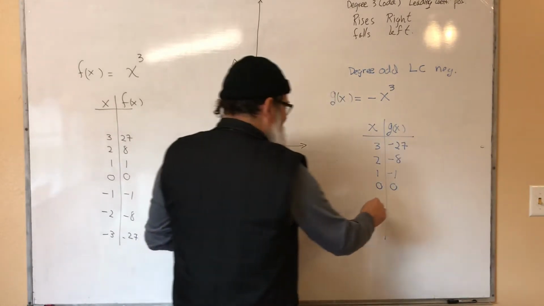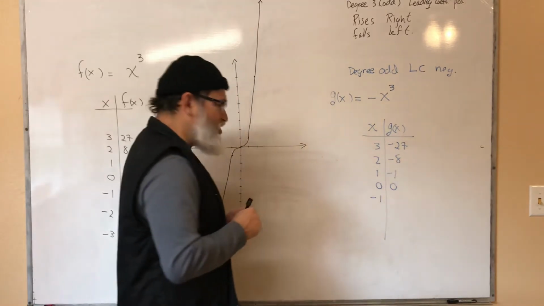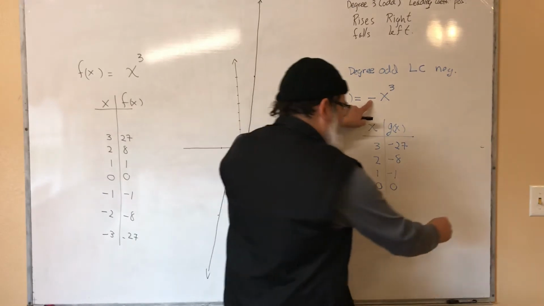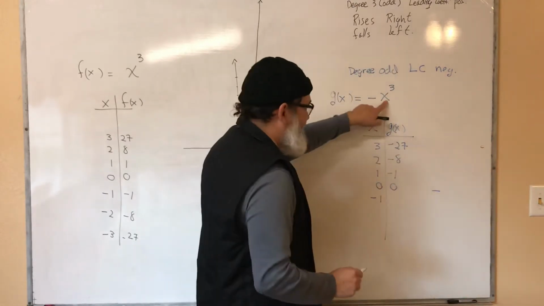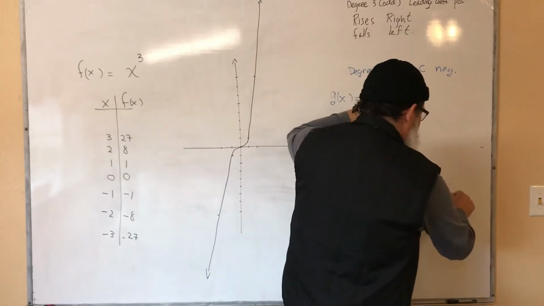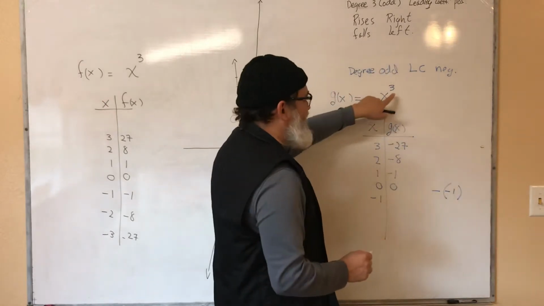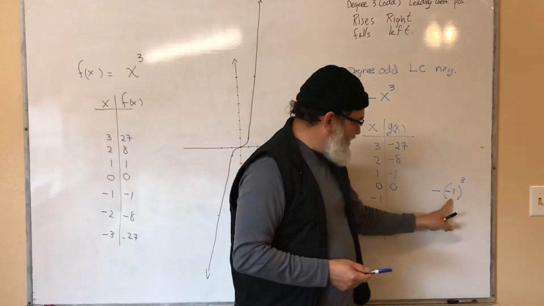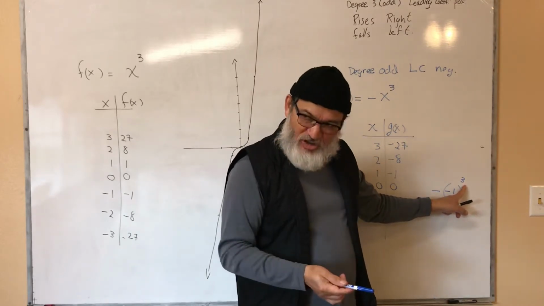If x is negative 1, what's g of negative 1? Let's write this down, okay? There's a negative right there, and then x is negative 1, and then negative 1 is being cubed. So here the negative 1 is cubed first.